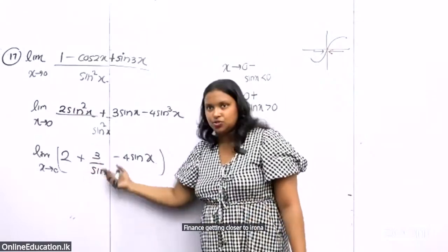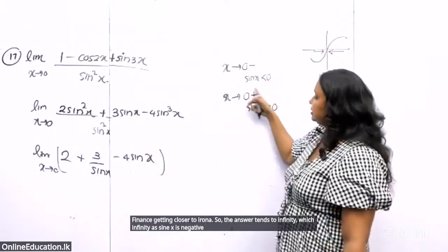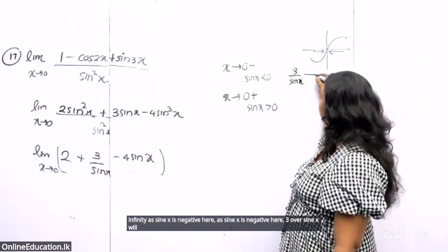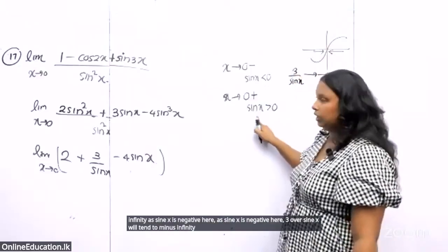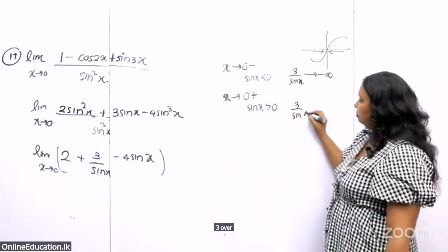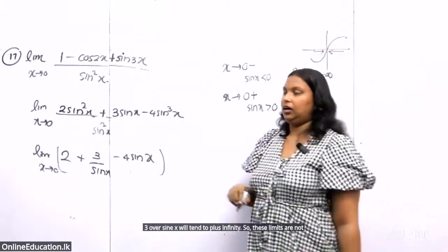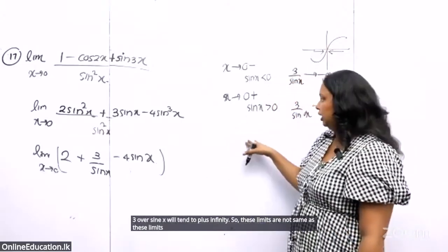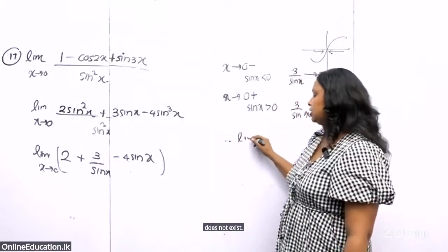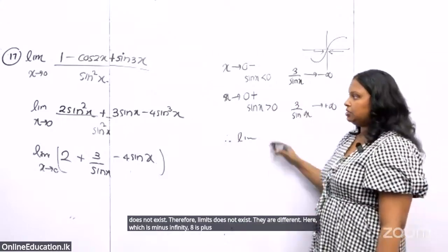So the answer tends to infinity, and as sin x is negative here, 3 over sin x will tend to minus infinity. But here as sin x is positive, 3 over sin x will tend to plus infinity. So these limits are not the same. As these limits are not the same, we say that the limit does not exist. They are different. Here it is minus infinity, here it is plus infinity. So the limit does not exist.